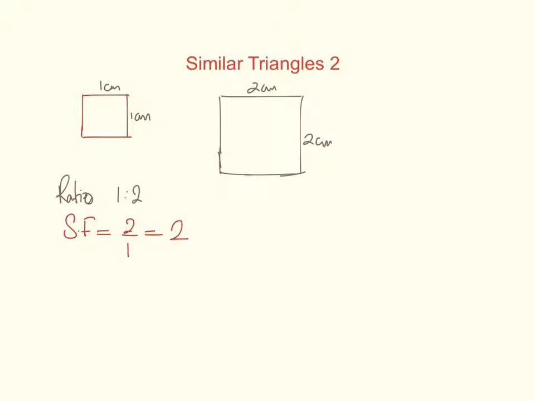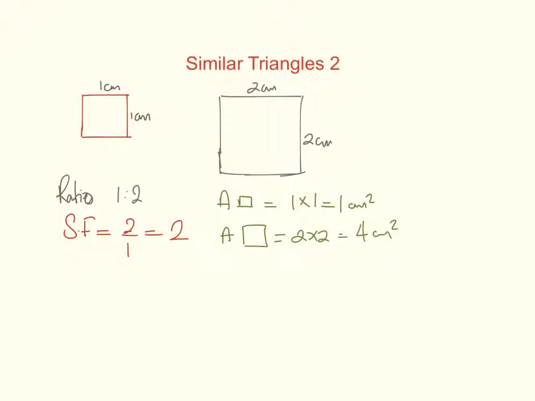Let's find the area of the two squares. So the area of the little square is going to be 1 times 1, which is going to give us 1 centimeter square. The area of the bigger square is going to be 2 times 2, which is going to give us 4 centimeters square.